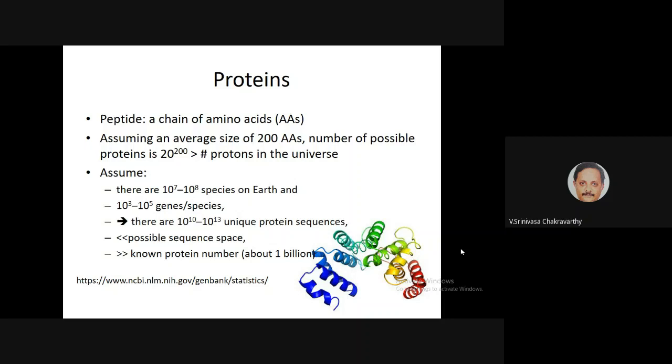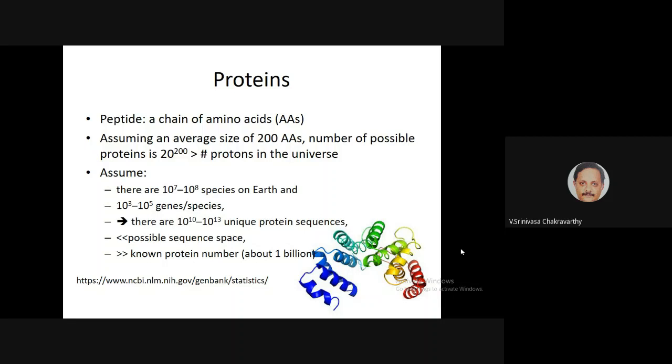Now if you try to estimate how many different proteins are possible, that's a very large number. On average, a single protein has about 200 amino acids, so the number of different possible proteins will be 20 to the power of 200, which is a really massive number. It's supposed to be greater than the number of protons in the universe.